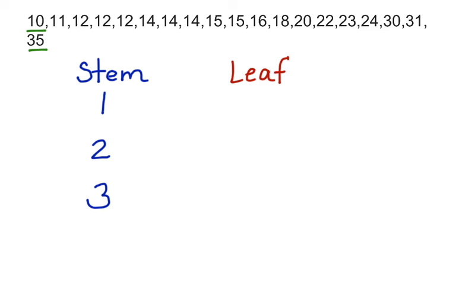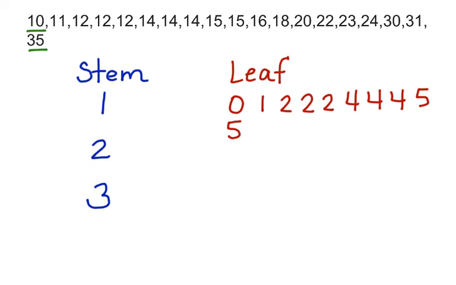The leaves that we're going to list are the digits that are in the ones place for each of those values. So in this first column, we have leaves that are 0, 1, 2, 2, 2, 4, 4, 4, 5, 5, 6, and 8.